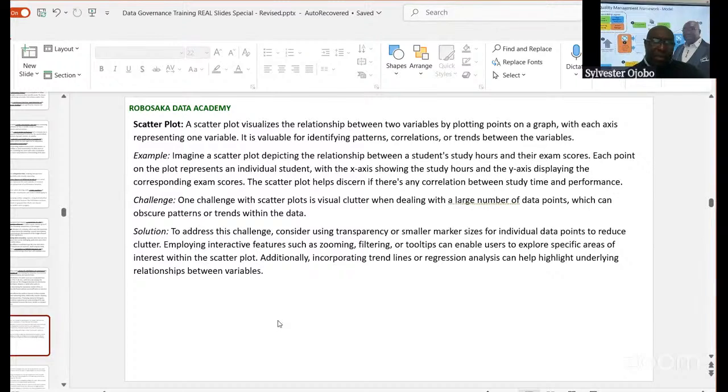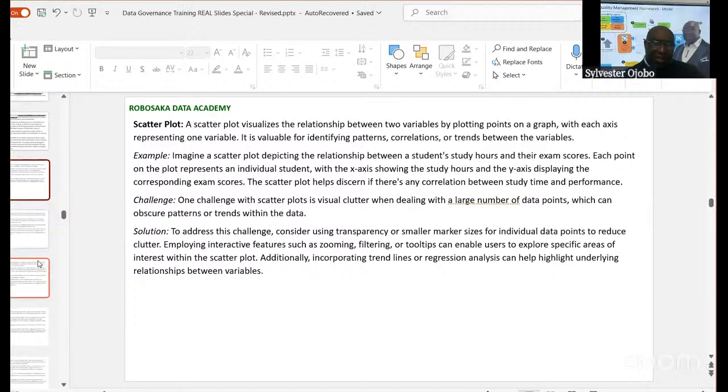So we have scatter plots. Scatter plots. This is really big. A scatter plot visualizes the relationship between two variables by plotting points on a graph, with each axis representing one variable. It is valuable for identifying patterns, correlation, or trends between the variables themselves.